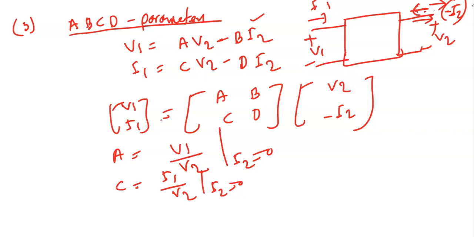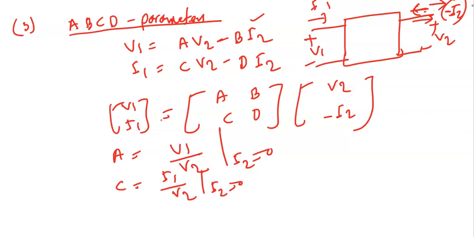But here, as one quantity is from port 1 and another from port 2, we call it transfer. And why reverse? Because we are not calculating I2 upon V1.